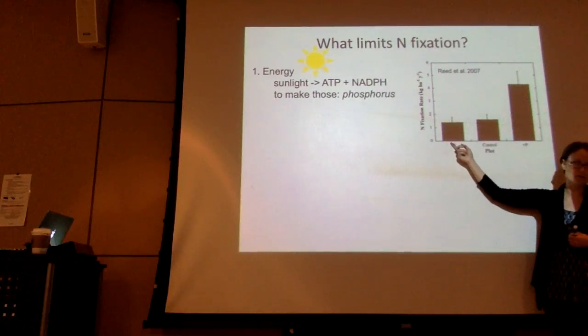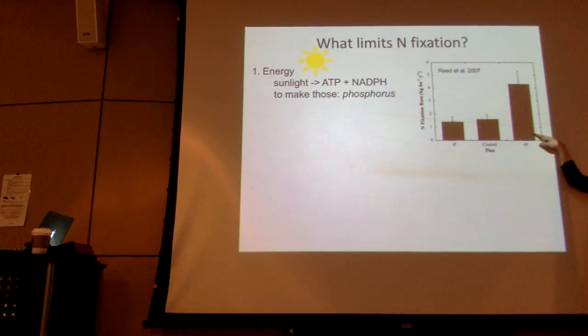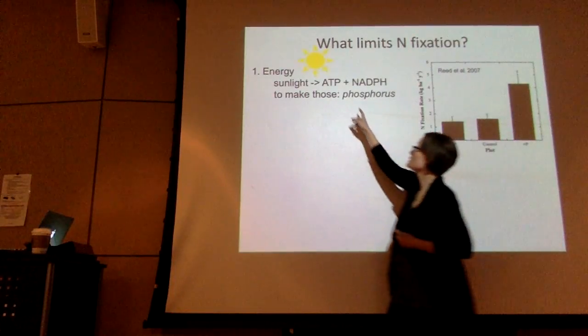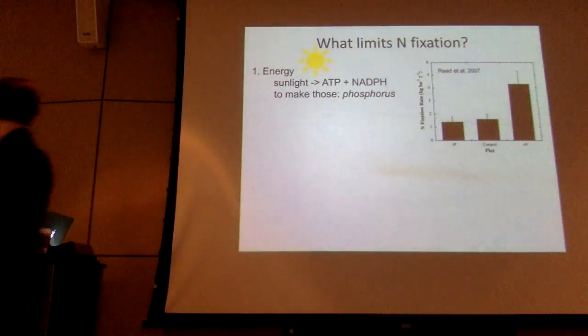They couldn't really get rid of a lot of the phosphorus. It's hard to do. If they added phosphorus, suddenly you have a much higher nitrogen fixation rate, because the presence of phosphorus is no longer a limiting factor, has tons so that it can make ATP and NADPH.